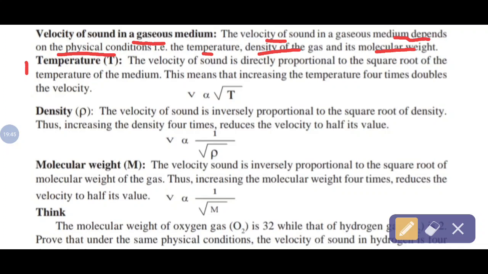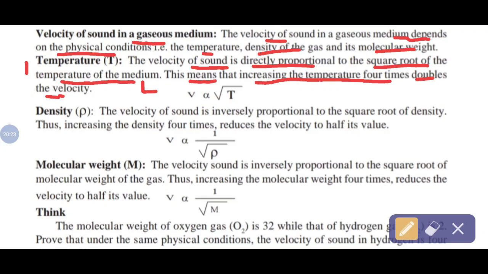So first one, temperature, that is indicated as a capital T. The velocity of sound is directly proportional to the square root of the temperature of the medium. This means that increasing the temperature 4 times doubles the velocity.